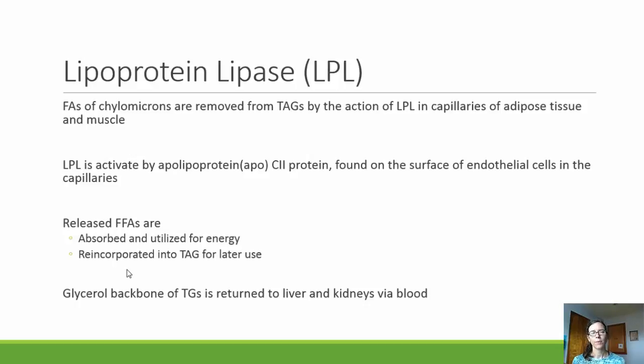That apolipoprotein, C2, is found on the surface of endothelial cells in the capillaries. As our chylomicron moves throughout our body, it encounters this lipoprotein lipase on endothelial cells, and that's going to start lysing off these fatty acids from the triglycerides being transported in the chylomicron.